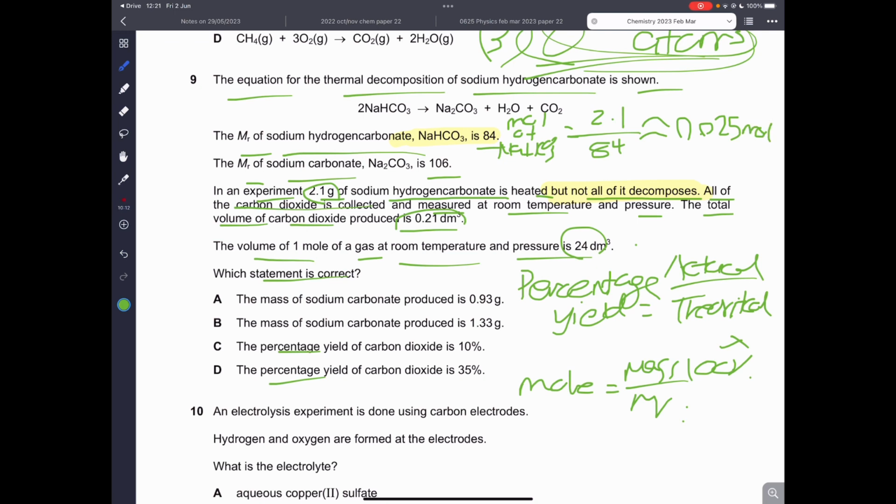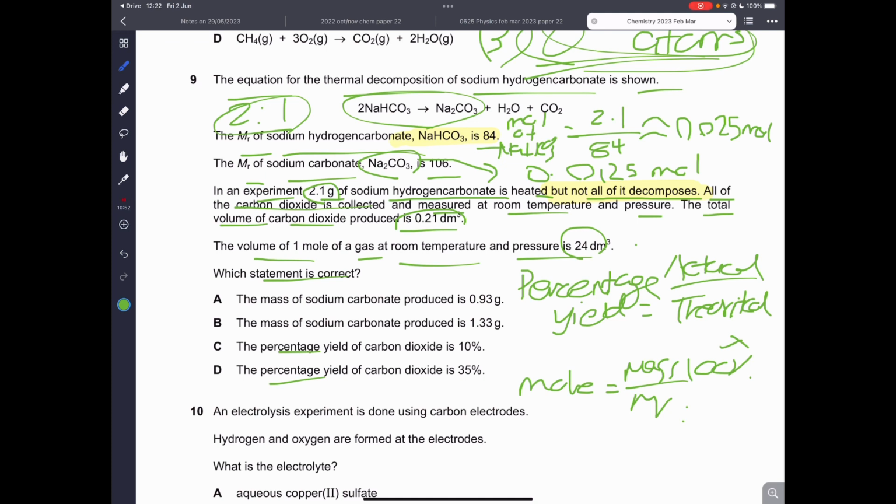And from the equation we can see there's a 2:1 mole ratio of NaHCO3 to Na2CO3. So the mole of sodium carbonate is actually 0.0125 mole. Remember, not all of the sodium hydrogen carbonate is decomposed. Therefore, this is only the theoretical yield. The mole that we calculated right now is not the actual mole, because not all of it decomposes.